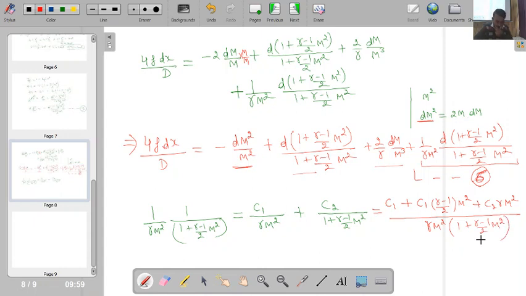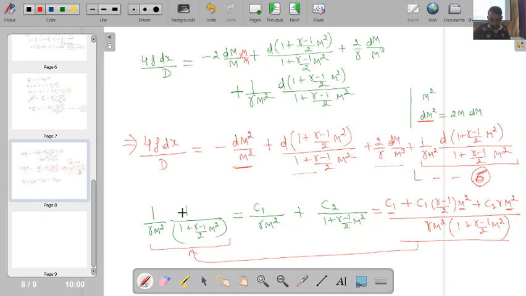Now if you compare this with the extreme left, the denominators are the same, so the denominators will cancel out. In the numerator on the left hand side I have only a constant quantity 1, whereas in the right hand side I have C1 as a constant quantity, and then C1 and C2 are also involved with M square.